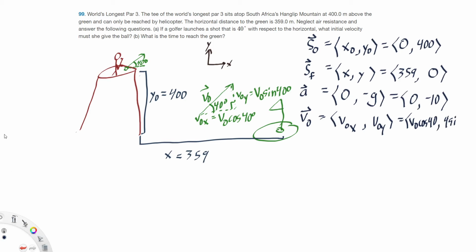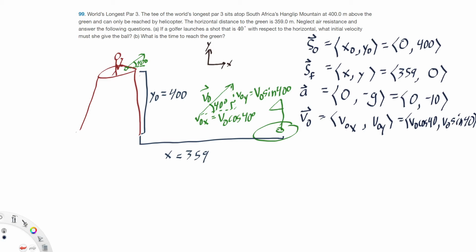Now we don't know what V naught is. In fact, that is what question A is asking us. What is the initial velocity, or I should say the initial speed? With what initial speed must our golfer hit the ball? Okay, so there's step 3.